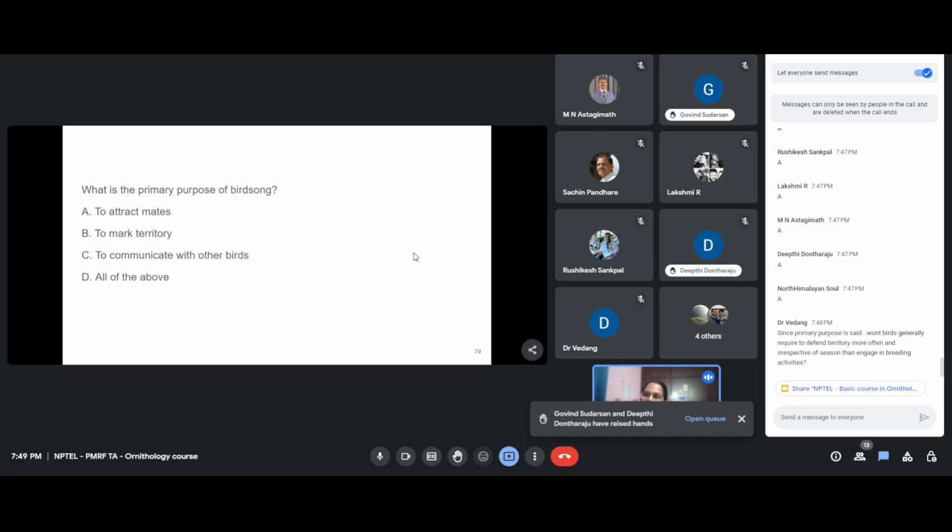There are birds that are year-round territory holders, and there are birds that are territory holders for only the breeding season. A lot of birds have very complex songs, and they sing it all throughout the year because they need to defend their territory. So yes, that is correct.